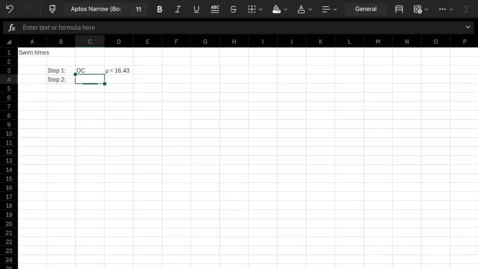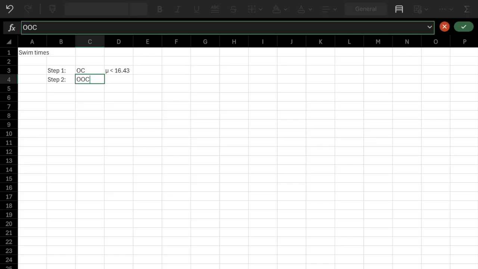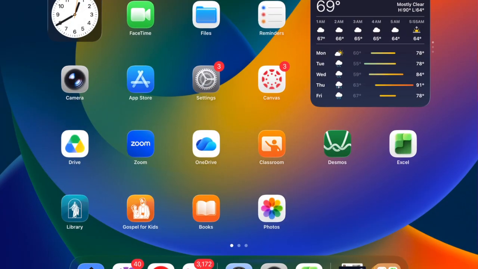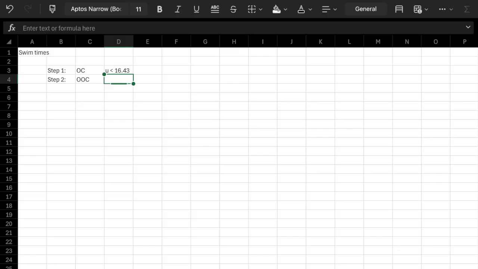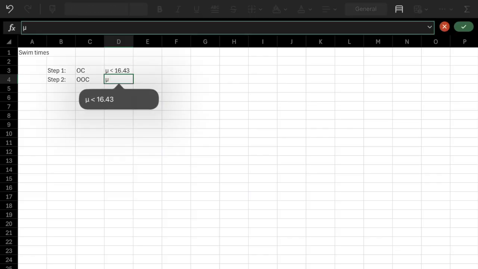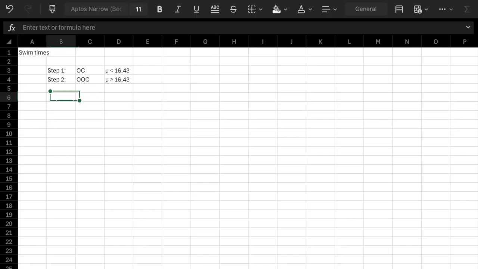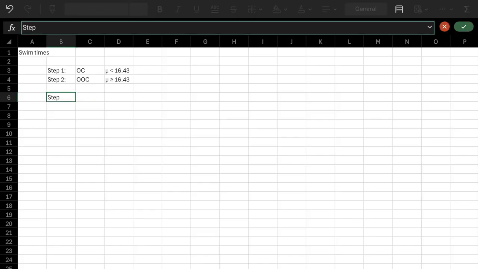Step 2, the opposite of the original claim. Let's go ahead and negate this. Mu is greater than or equal to 16.43. That would be the alternative of it being less than that. Okay, step 3. Well, which one has equality?